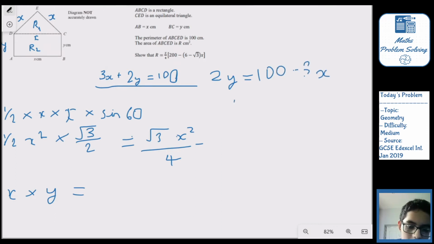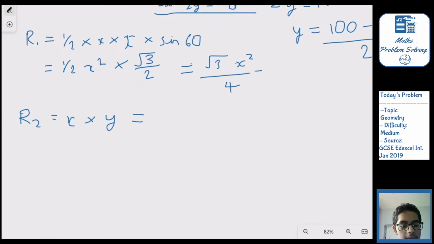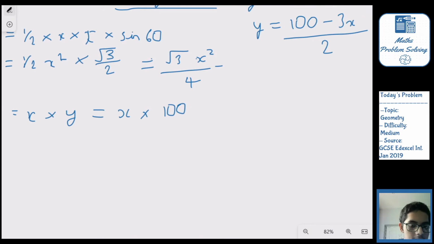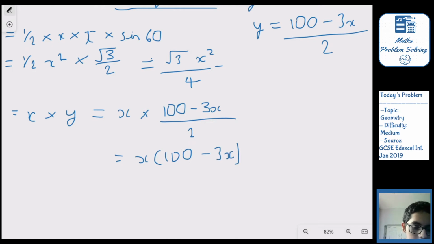Therefore y equals 100 minus 3x all divided by 2. Therefore x times y equals x times 100 minus 3x all divided by 2, which we can rewrite a bit more concisely.